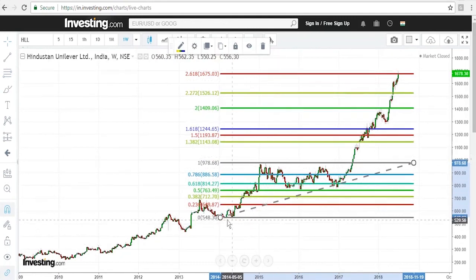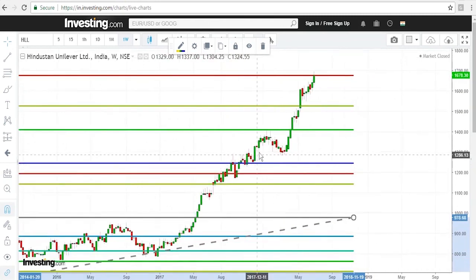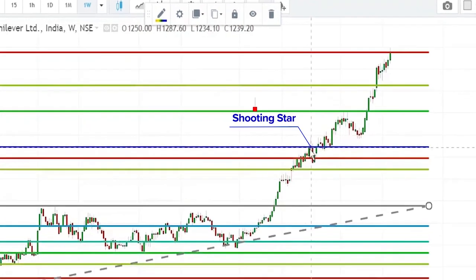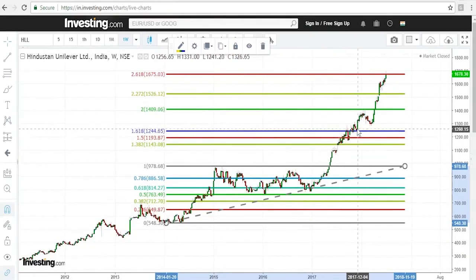So basically what we could see is that when the market crossed the 100%, these points were actually important resistance lines, because 1.618 is a very important resistance line. Initially the market started falling from this point, and there was potentially, as you can see, a shooting star. The market started falling, but when the market crossed the 1.618 line and started taking support around this line, I could understand that the market could go higher.